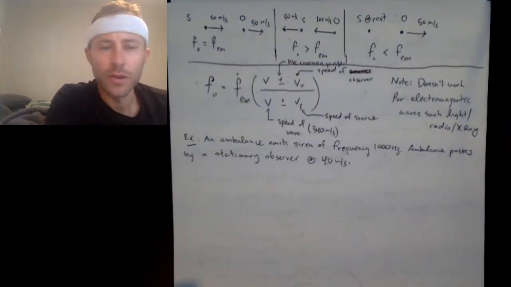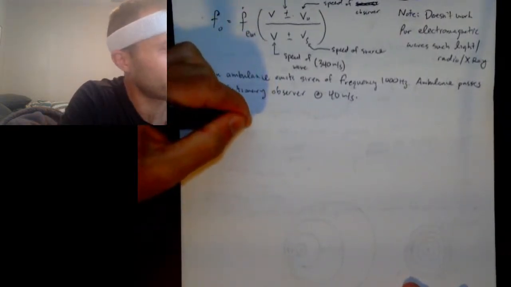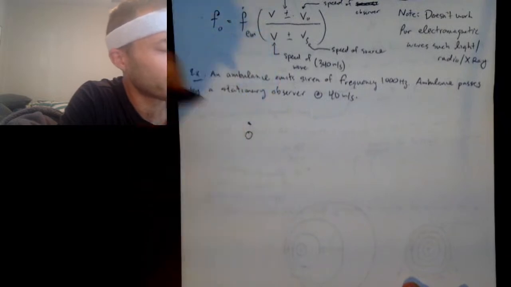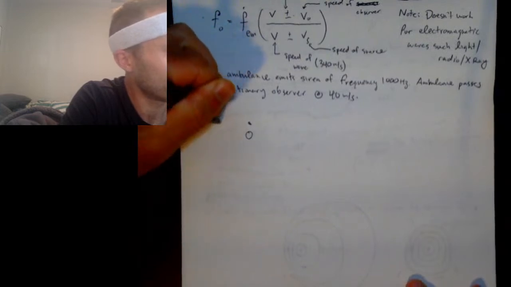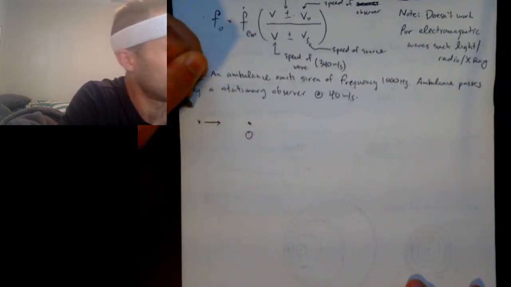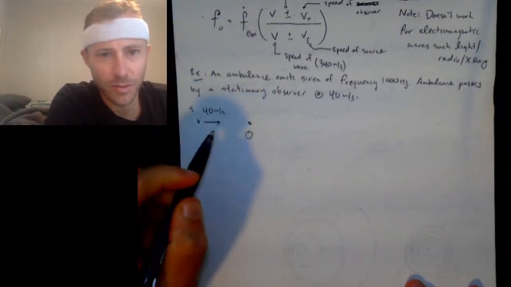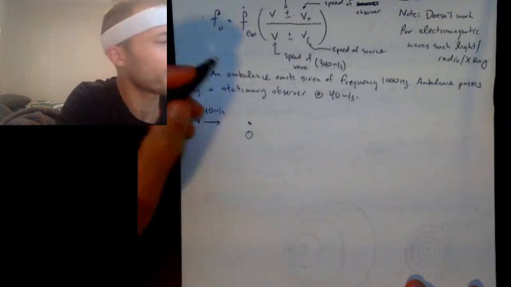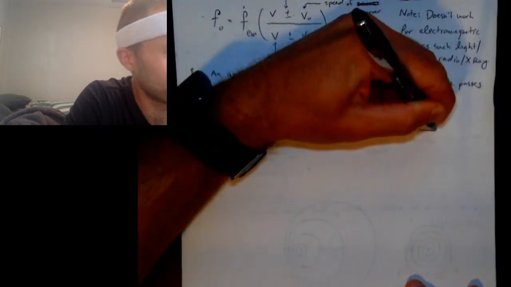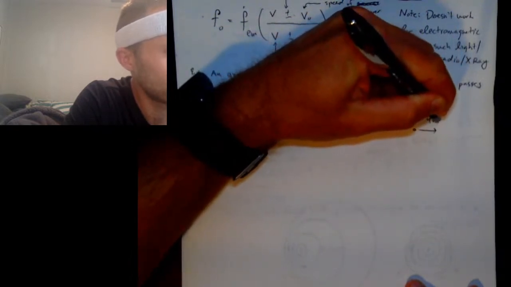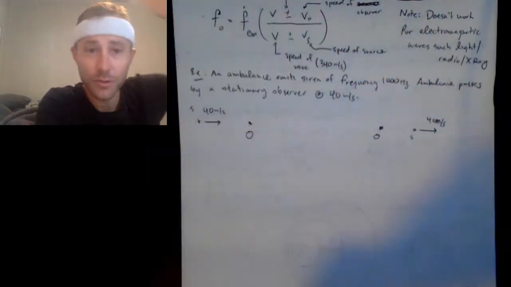Okay, so we're going to analyze 2 cases here. So at first, here's the observer. At first, you have the source going towards the observer at 40 meters per second. It looks like they're going to have a collision, but they just go right by the observer. And then after that, the source passes by the observer, like that, and then the source is going away.